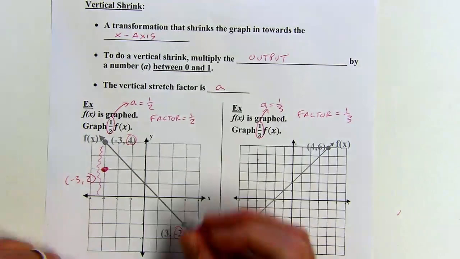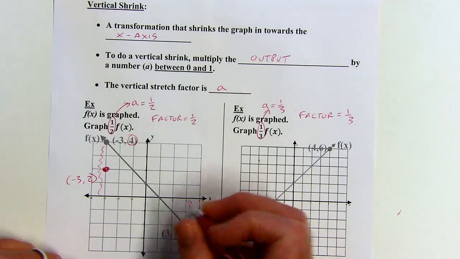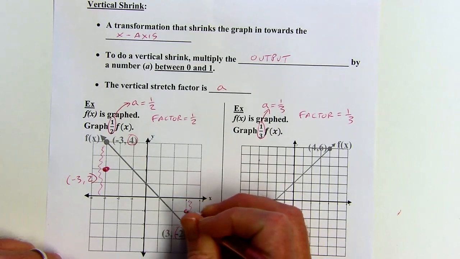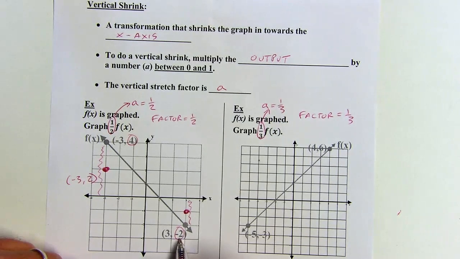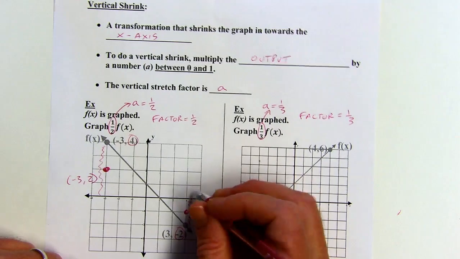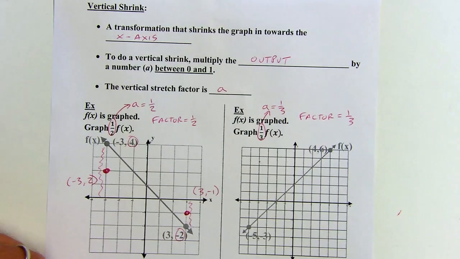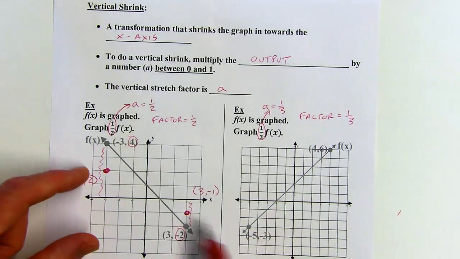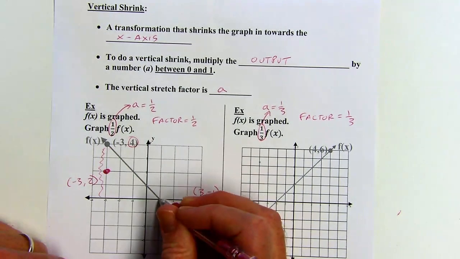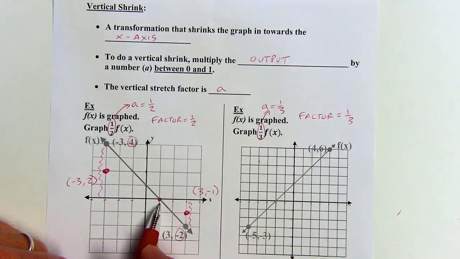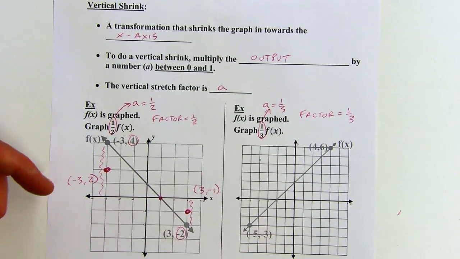This point is also going to move in towards the x-axis. Right now I can see it's 2 units away, so I want to take half of that. Since the factor is 1/2, I'm multiplying my y value by 1/2, which would give me -1 for a y value here. And then on these ones, it lines up anyway, so you should be able to draw the line with just those, but it is going to keep the same x-axis point because that point is already on the x-axis, so when it shrinks towards the x-axis, it just stays in the same place.